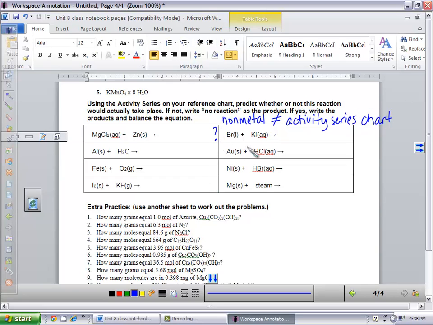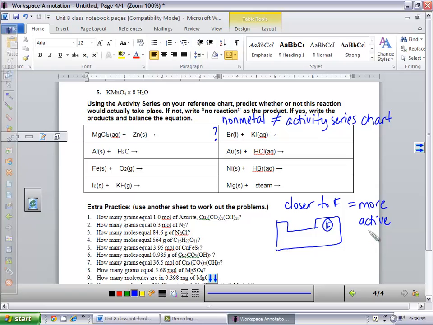Well, look at the periodic table. If you look at the periodic table, and this is a very rough drawing, fluorine is your most reactive nonmetal. The closer you are to fluorine, the more active you are as a nonmetal. Okay?